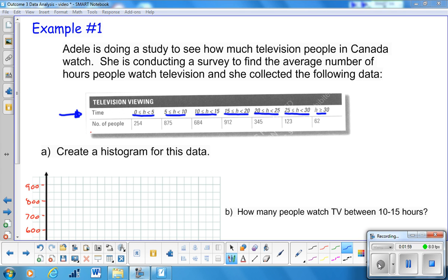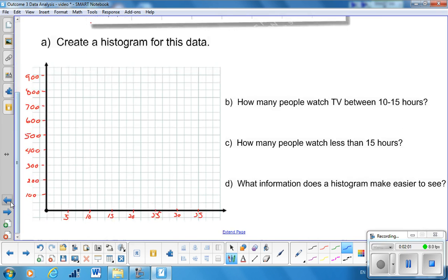Let's look at our histogram. So along the vertical axis would be the number of people, and I didn't label that, so I'm going to do that right now. And along the bottom is the number of hours watched.